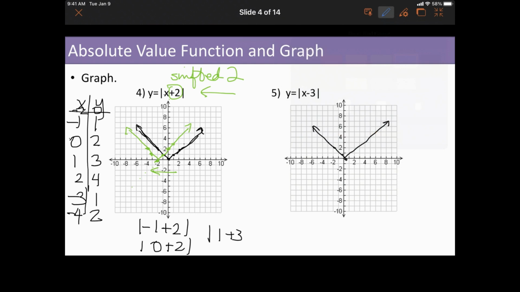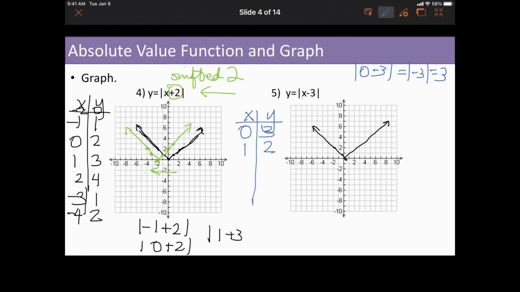Right, so if I do make a quick table here, and I think I'm going to shift it 3 this way, so I'm going to put in 0. So if I put in 0, 0 minus 3, absolute value, it's going to be -3, absolute value, +3. If you put in 1, 1 minus 3 is -2.